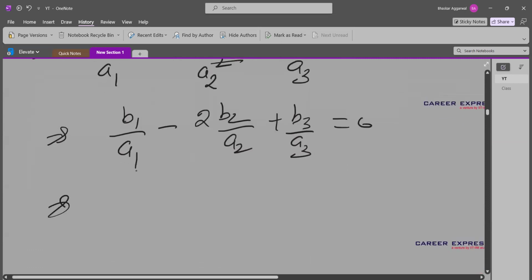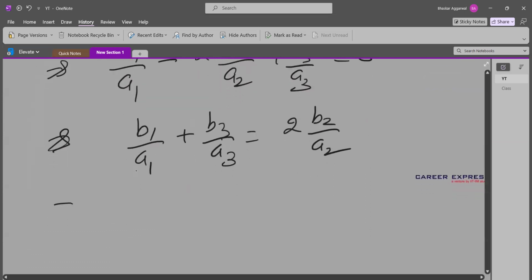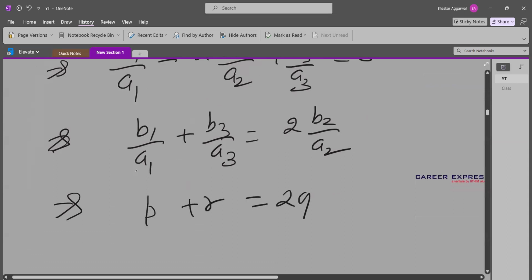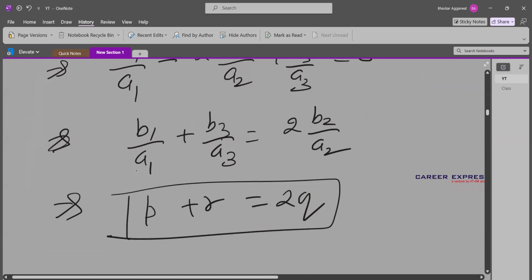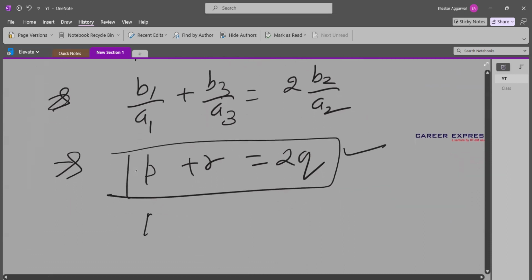This can be written as b1 by a1 plus b3 by a3 equals 2 times b2 by a2. That is like p plus r is equal to 2q. If that happens, then we can say that p, q and r are in AP.